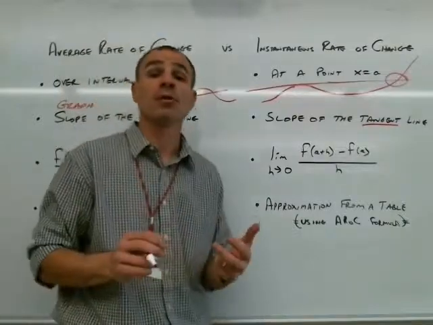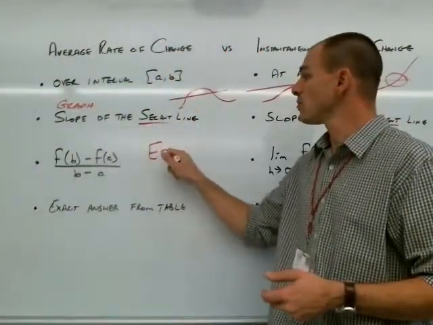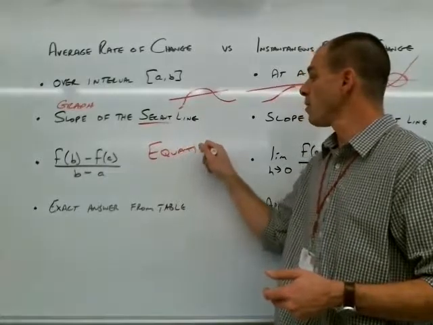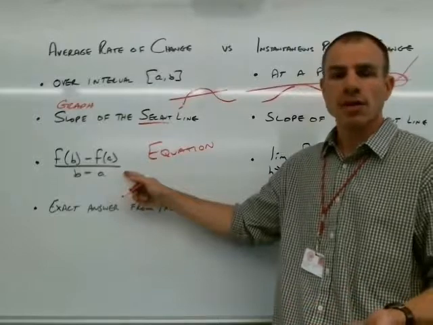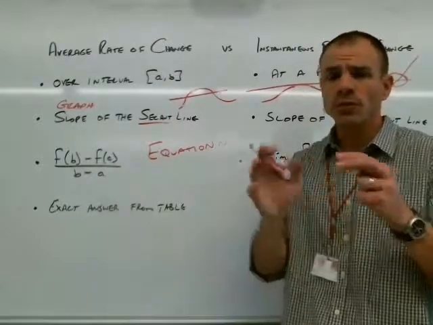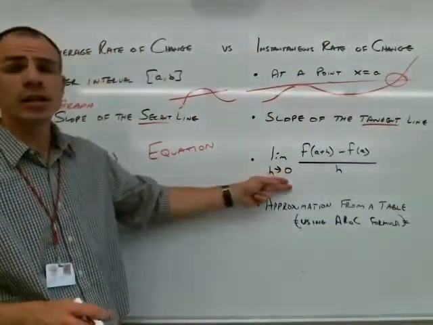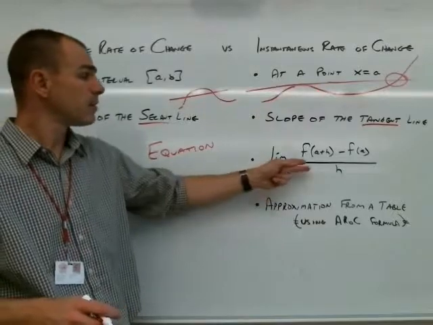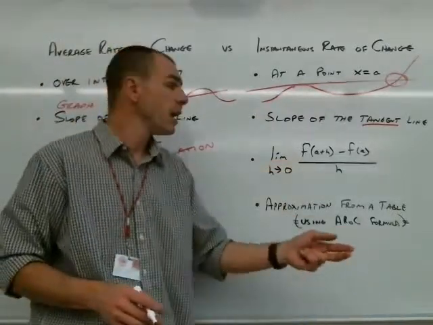Okay? Now if we're dealing with an equation, all right, we're given a function in equation form, well now our formula for the average rate of change, as we've discussed, is f of b minus f of a over b minus a. And you saw in the previous video how we took that formula and turned it into the limit as h approaches 0 of f of a plus h minus f of a all over h.